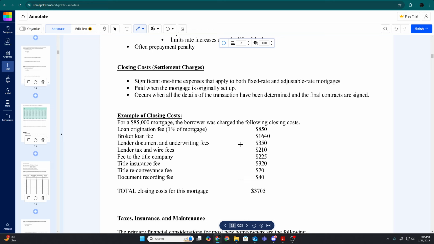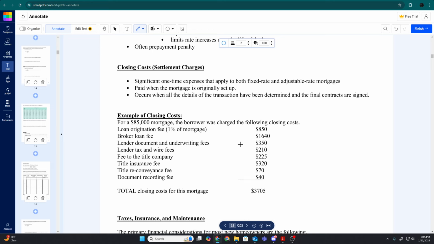That's something you sometimes have to pay when you buy a house. Typically when you close, you have to wire funds to the attorney, or sometimes someone else, but usually, at least in South Carolina, it's the attorney, and the attorney takes care of it from there. But there's usually a fee for that.